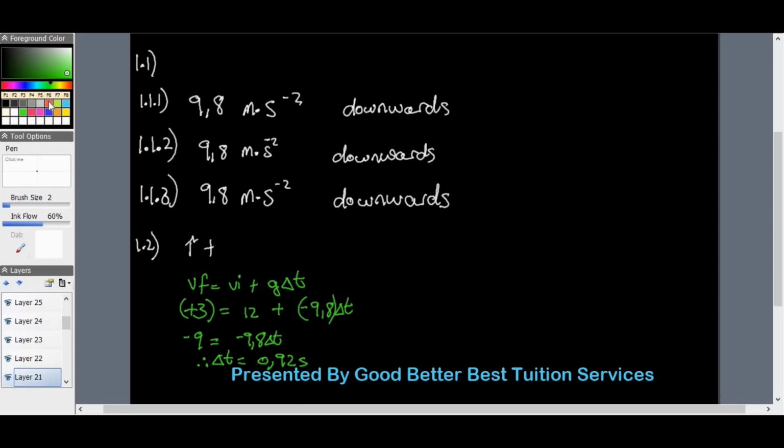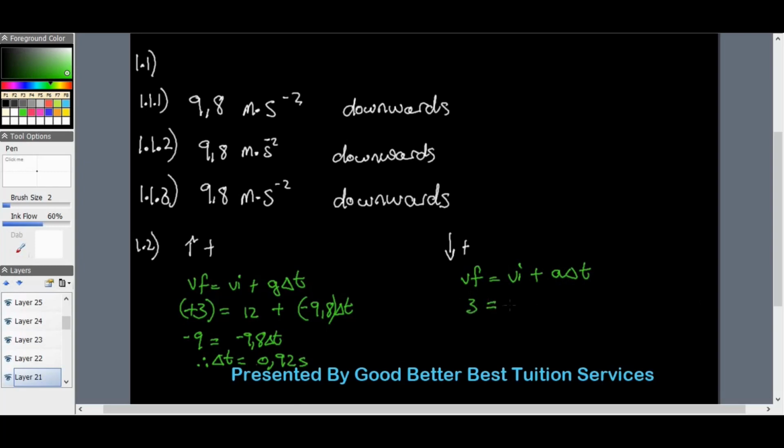But now, of course, it changes direction, obviously coming down. So it will come down and it will accelerate to 3 meters per second. We still use the same formula, Vi plus a delta T. I'm only writing a just in case anybody wrote a in their answer. It doesn't matter, it's still right. So still 3 as your Vf.